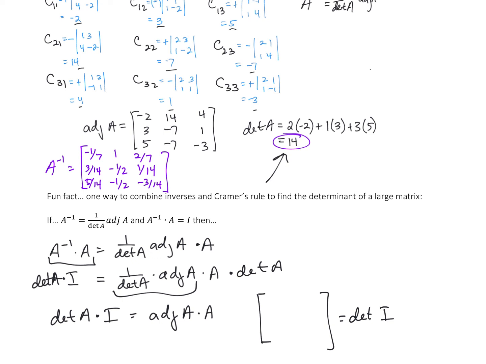What I'm going to get is that the determinant of A shows up on the diagonal, and I just pull that out and say, hey, look, there's my determinant. So we could have done that, right?